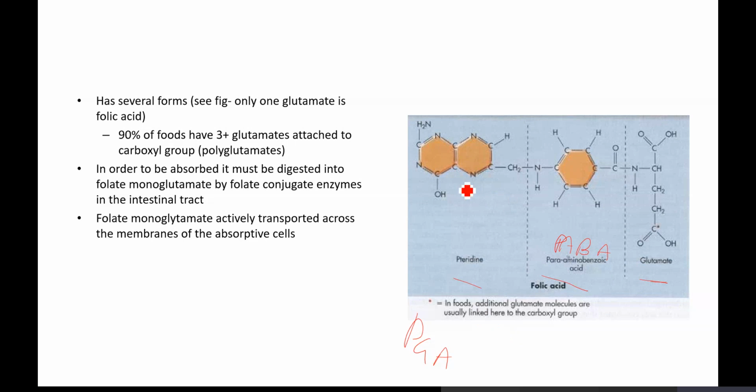The active form of folic acid is basically tetrahydrofolate, or FH4.